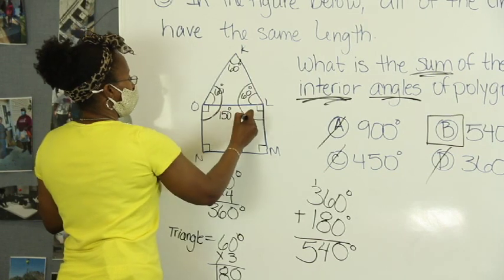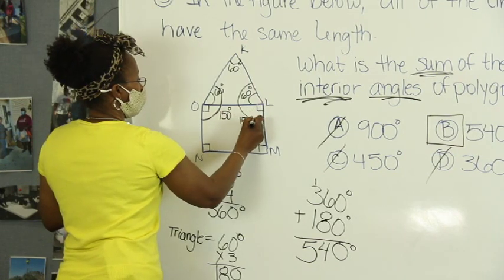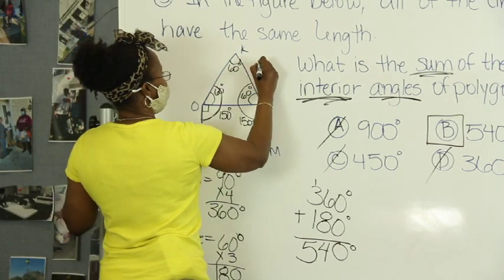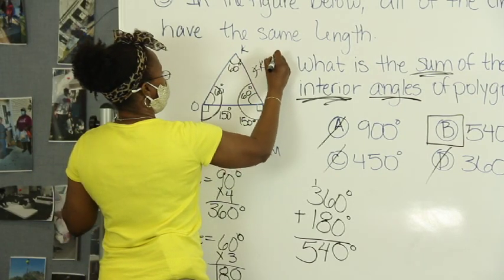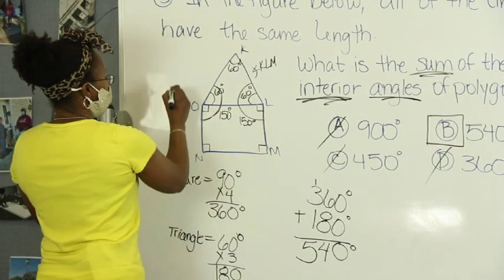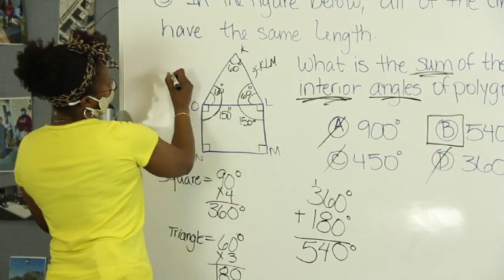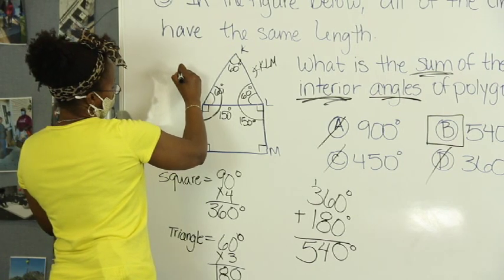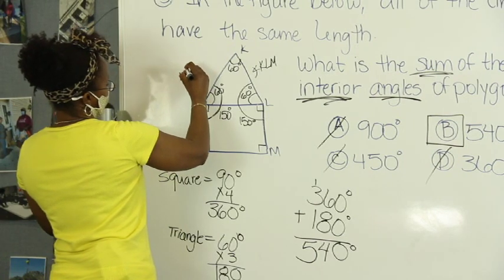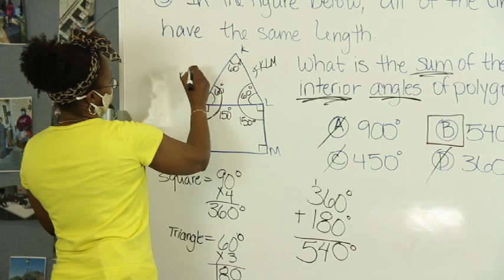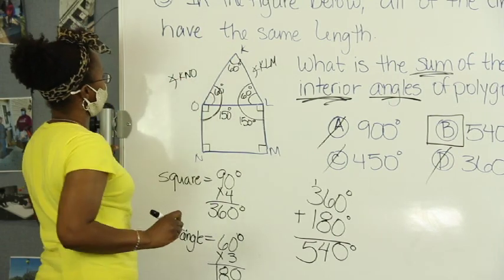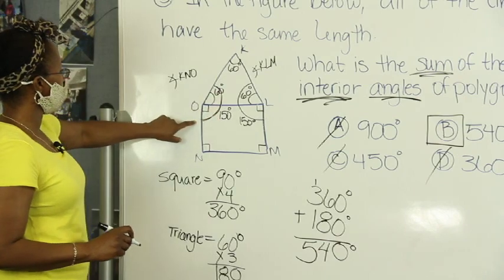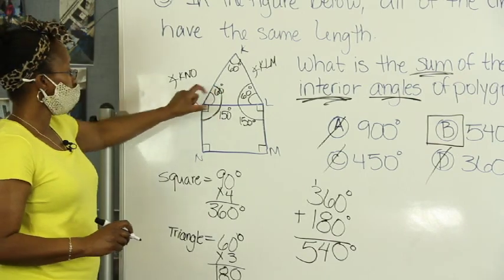And the same on this side, 150. So the actual angle here is KLM, the interior angle. And over here, I guess we'll call it KNO. That's kind of weird, but we're going to name them like that. So this is the bigger interior angle. We just broke it apart.